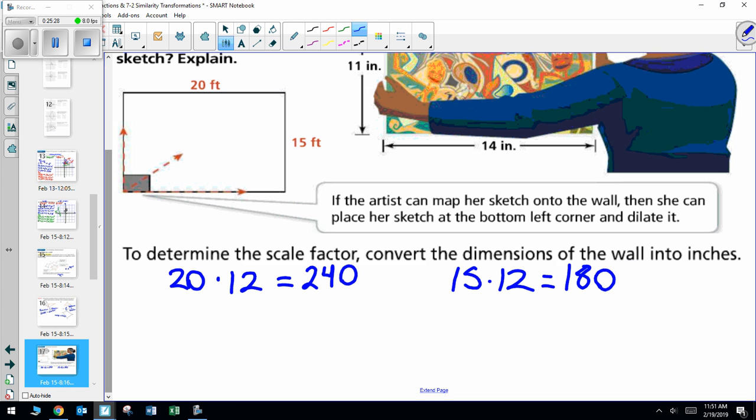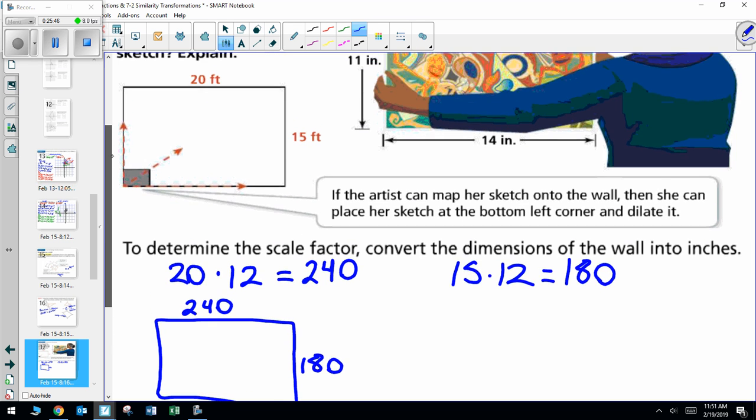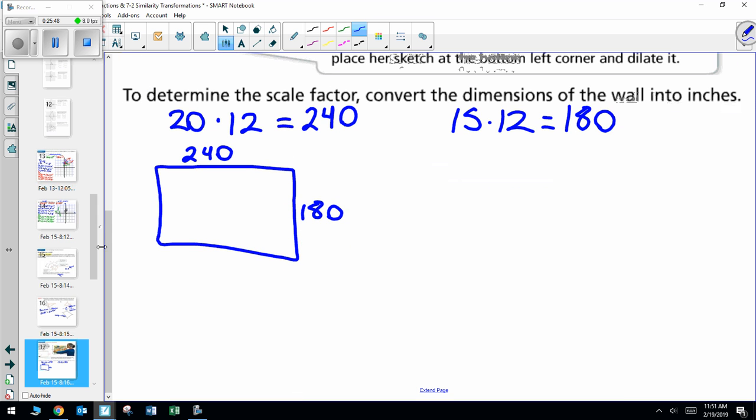Right, so now we know our new dimensions. We have 240 inches by 180 inches, and originally her sketch was 11 by 14. So I'm not drawing the scale, but how would I be able to determine whether or not her picture would fit evenly into that?